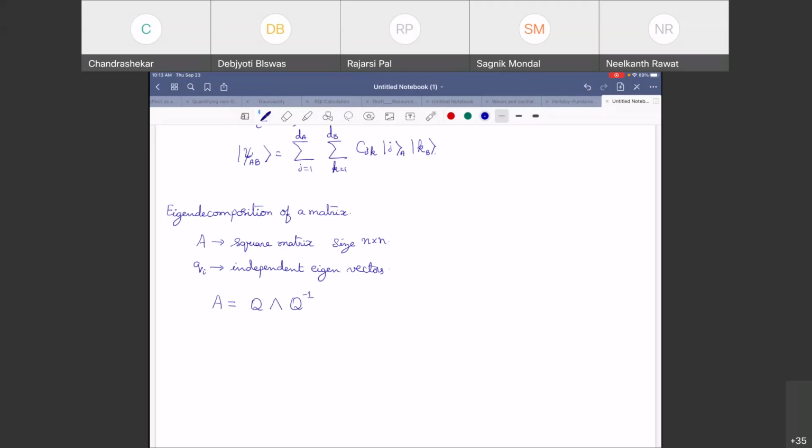What we have done is write the matrix A in terms of a matrix Q, which is an n by n square matrix with the eigenvectors as columns, and a matrix lambda, which is the diagonal matrix with the eigenvalues as diagonal elements.